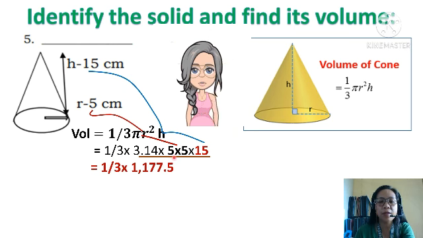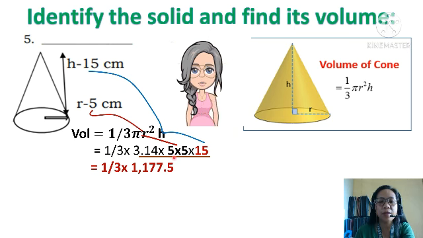Okay? So, now, ayusin natin ang pagkasulat para hindi magkagulo ang isip. Para maintindihan pala lalo. Ito yon, 1/3 times 1,177.5 over 1. Okay? So, nakita ninyo, numerator 1 times 1,177.5, and then denominator 3 times 1.